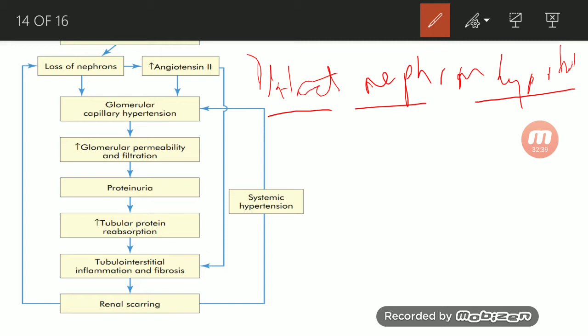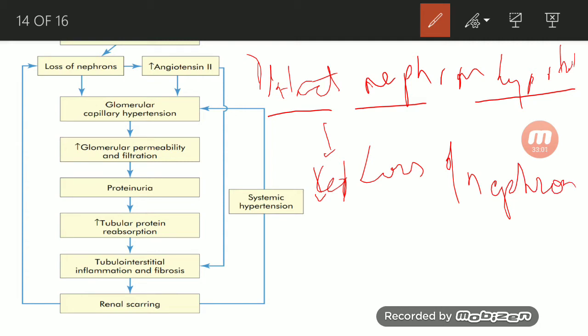Whenever a person has kidney damage or kidney injury, there is going to be loss of nephrons.